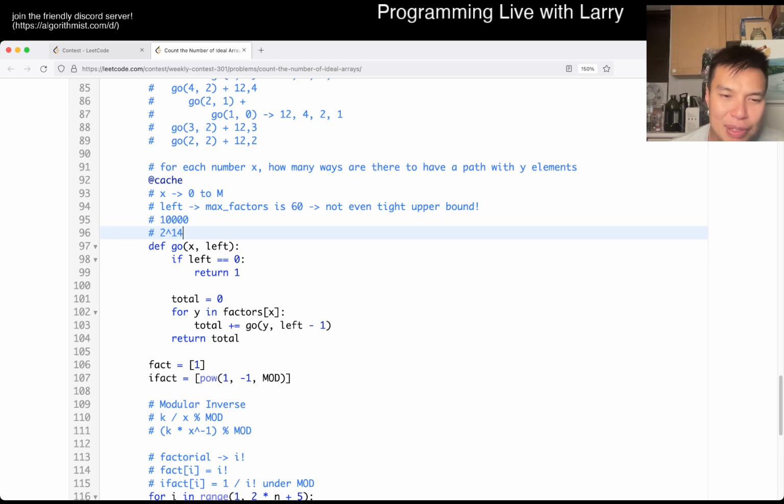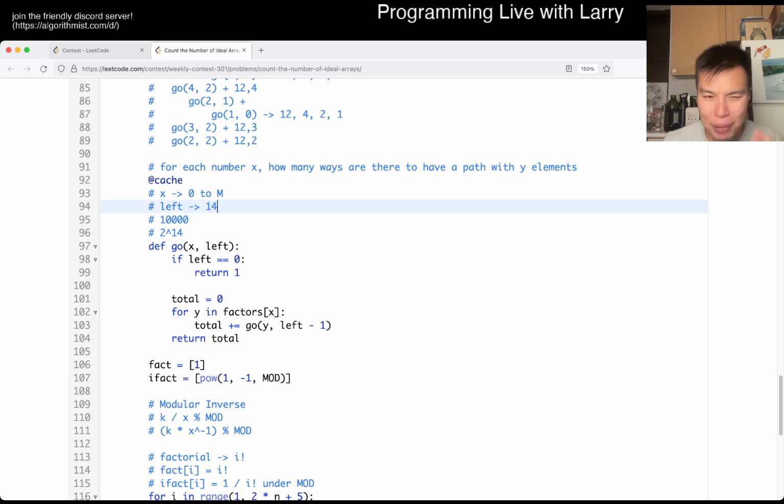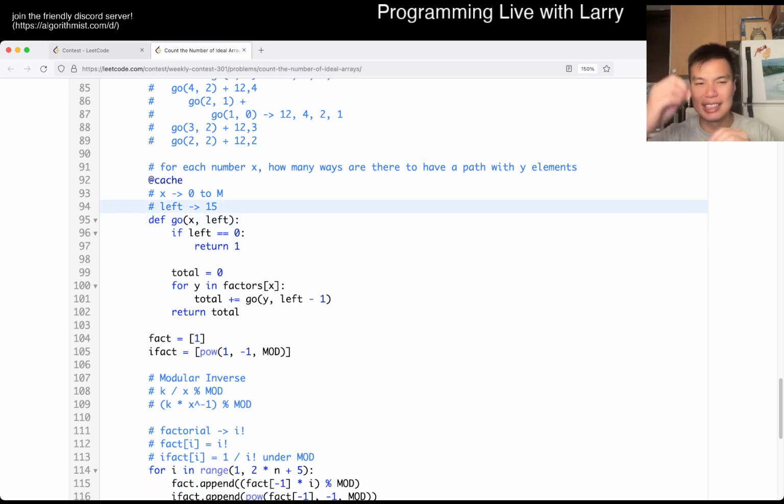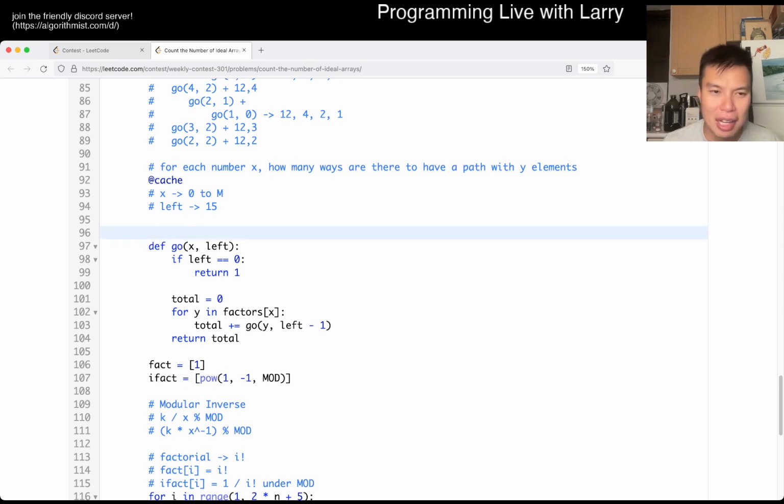So after 14, this will already be 1, and we would have no other factors other than 1. So this actually doesn't even go that high. This is a little bit inefficient, but it's still only up to 14 or maybe 15. Maybe I'm off by 1. So this can only recurse 15 times. But okay, let's put it in 60.